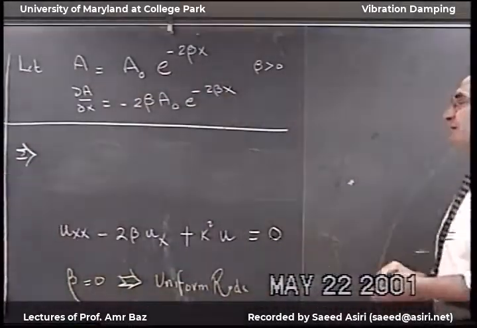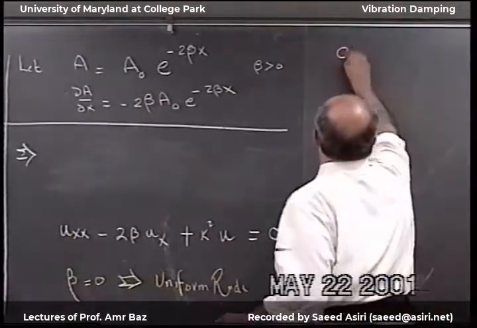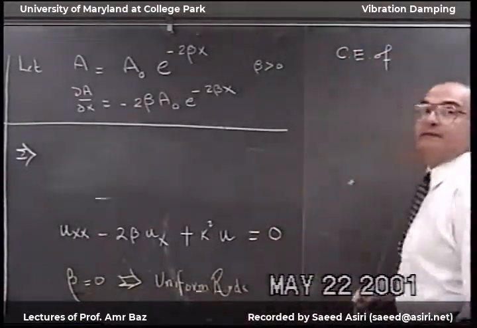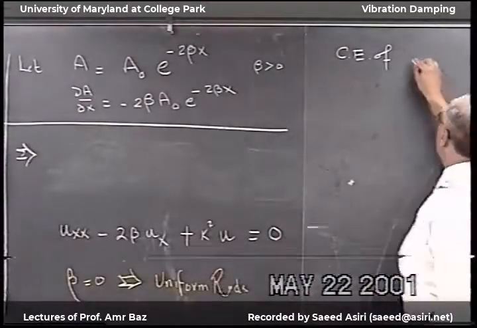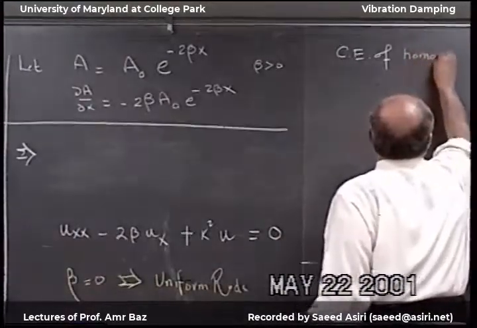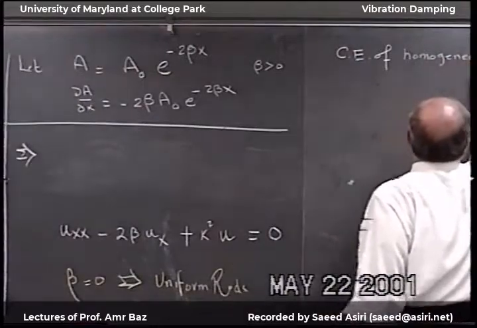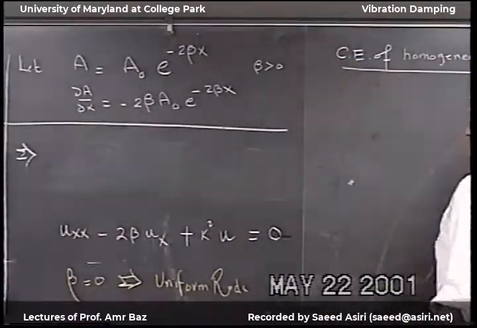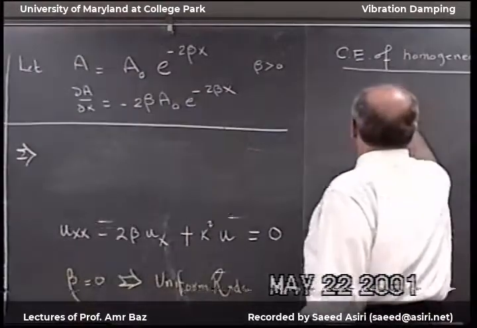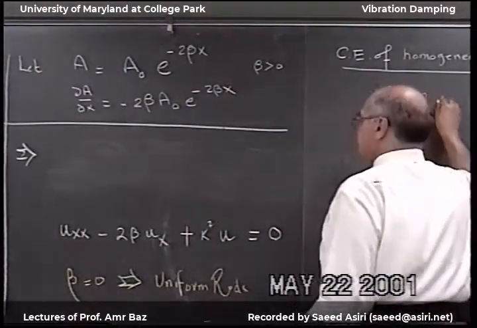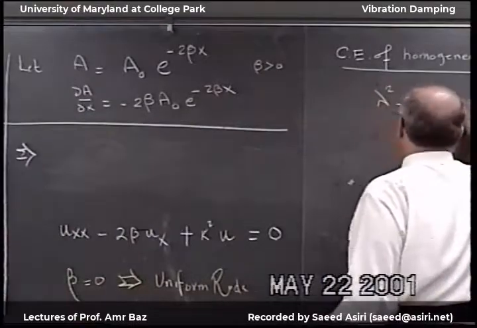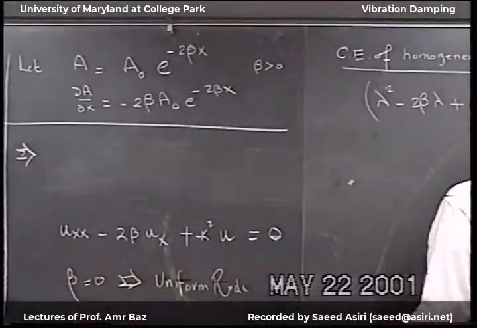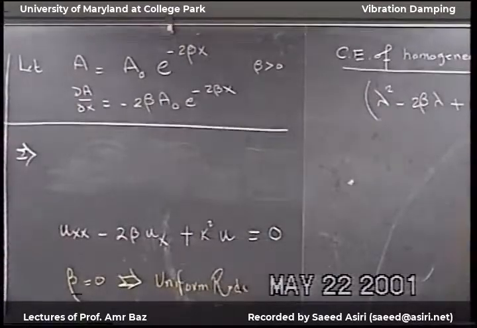Now for this case, this will be the characteristic equation of this homogeneous differential equation: lambda squared minus 2 beta lambda plus k squared operating on u is equal to 0, and the characteristic equation has roots.